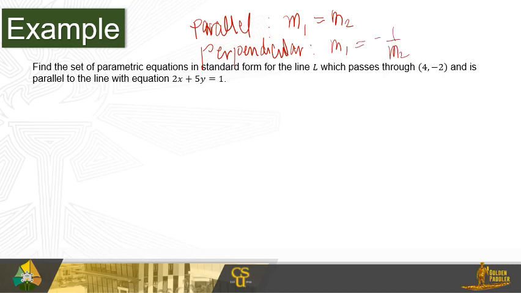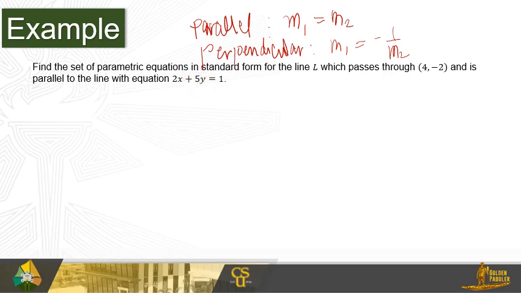So mag-i-equal sila pag i-negative reciprocal mo yung slope ng isa. Since we are doing parallel lines, dapat ang slope natin ay same lang dito sa given na equation, which is 2x plus 5y equals 1.